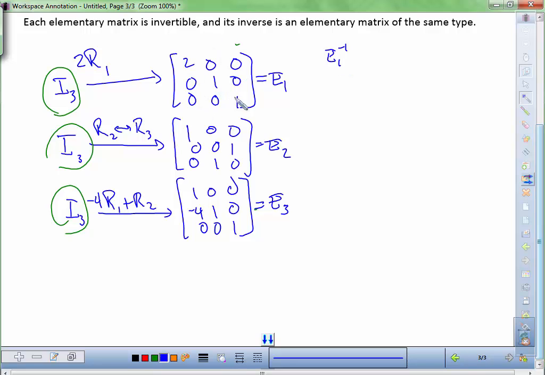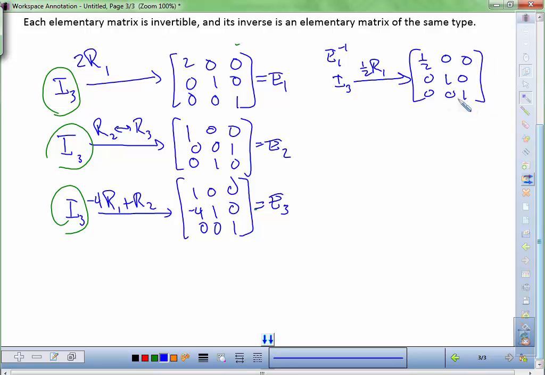So what do I need to do to make this look like the identity matrix again? So I would need to multiply this by 1/2, right? And so what I would do is I would take my identity matrix and multiply this by 1/2 R1, and then that's going to give me 1/2 0 0, 0 1 0, 0 0 1.